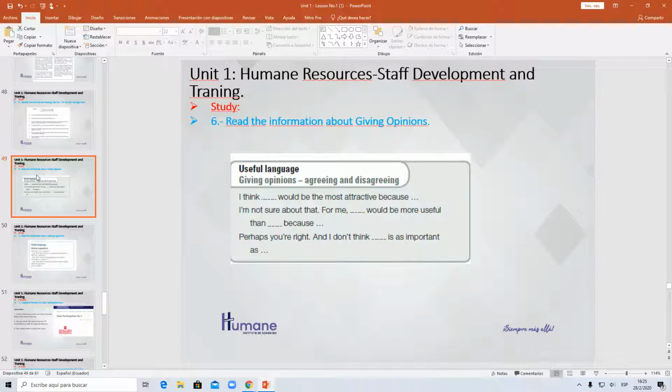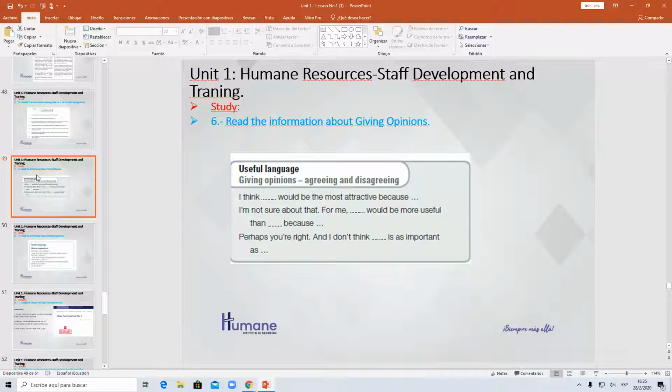Another way to give opinions could be this phrase, I'm not sure about that, but for me, you give your opinion, which would be more useful than because. Okay? And another term could be, perhaps you're right, and I don't think it's as important as.